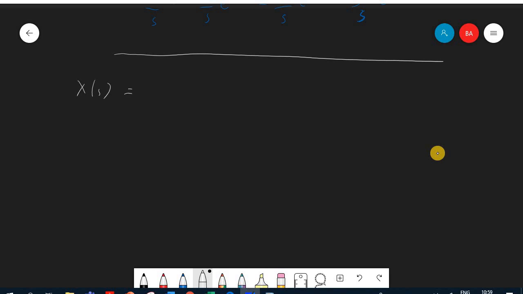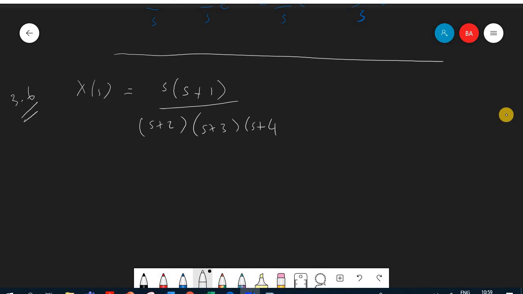This is 3.6: s into s plus 1, over s plus 2 into s plus 3 into s plus 4.